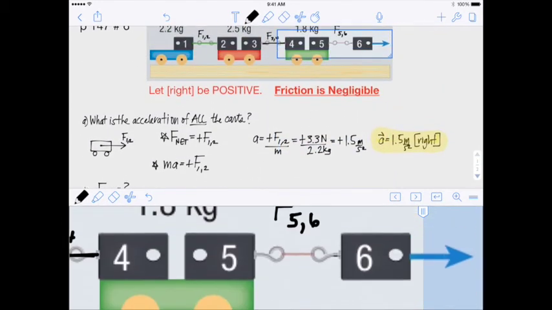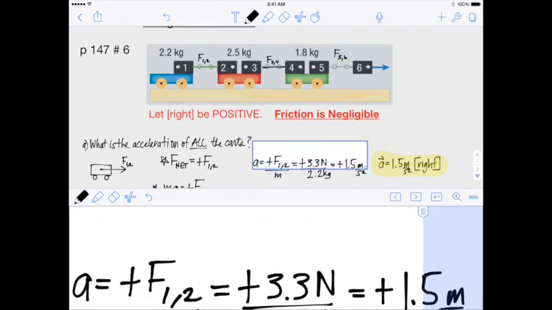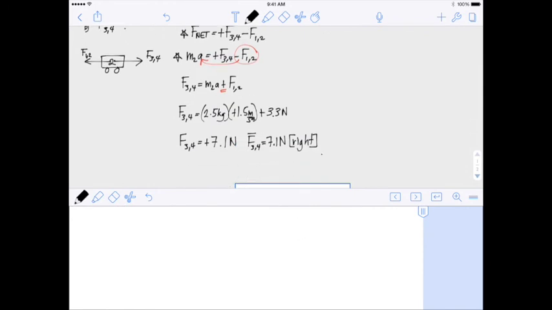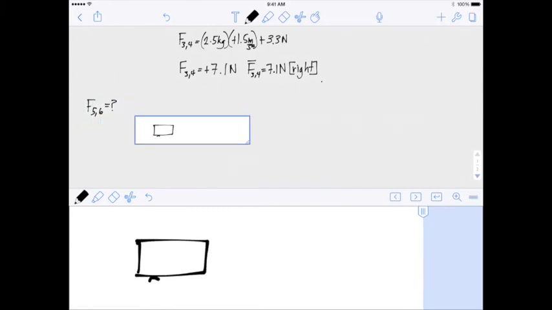Next, we're going to look at the force as read on sensors 5 and 6. And in order to determine this force, we're going to look specifically at cart number 3.